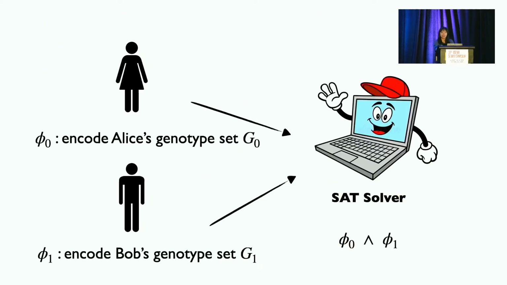In practice, the input formula of a SAT solver can come from multiple parties. For example, in bioinformatics, two parties, say Alice and Bob, need to resolve the conjunction of their input formulas. If they trust each other, then they can compute the conjunction of their input formulas and invoke a SAT solver as usual.